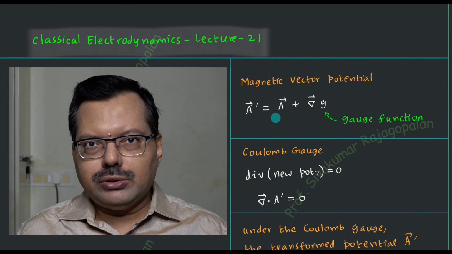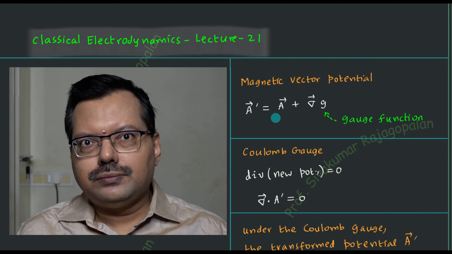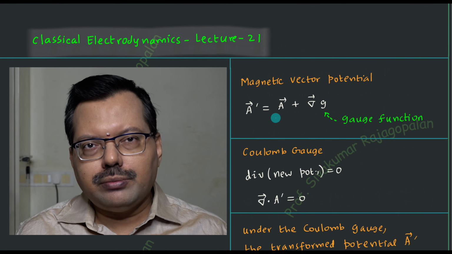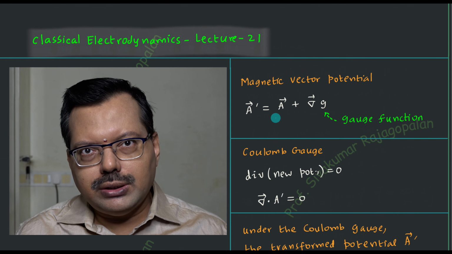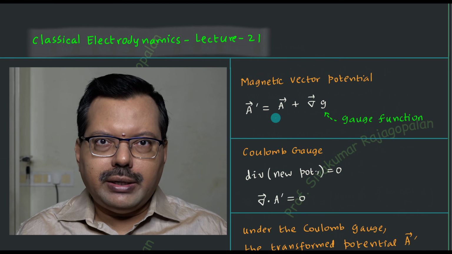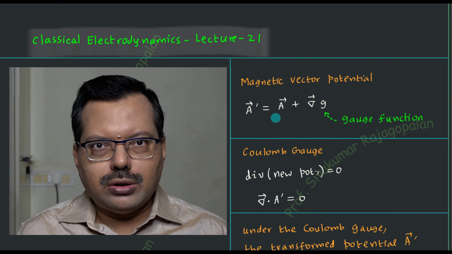What is the meaning of that question? Can we derive any one Maxwell equation from the remaining three? If you are able to successfully derive any one Maxwell equation from the remaining three, then we say that all the four of them are not independent. So we are asking whether such a thing is possible or not.